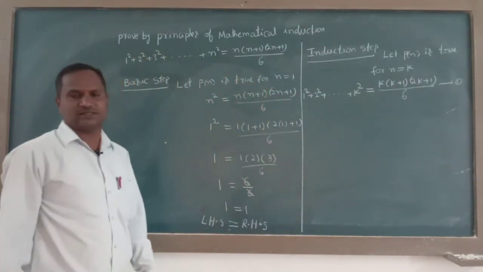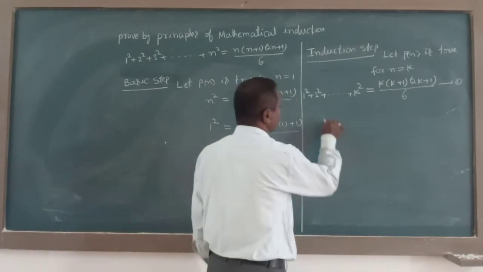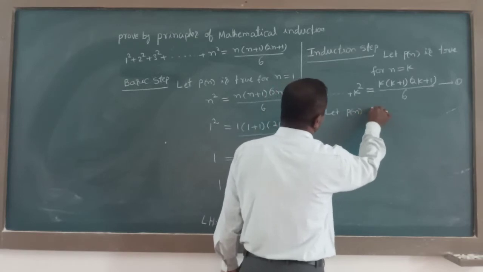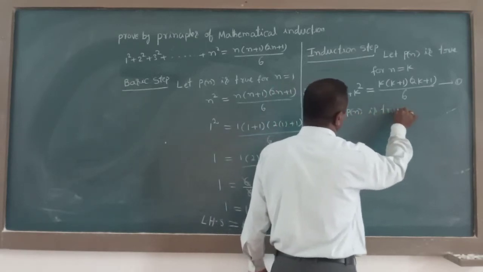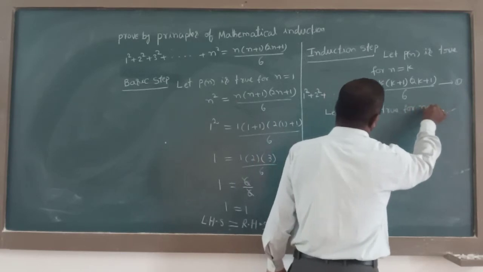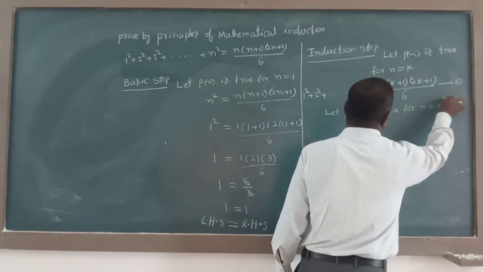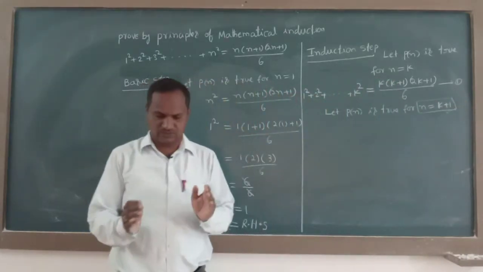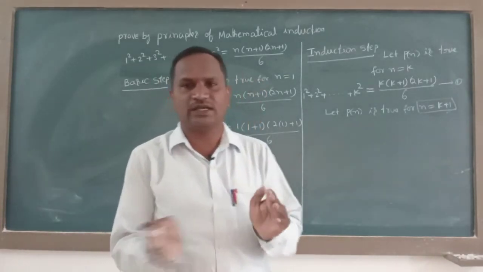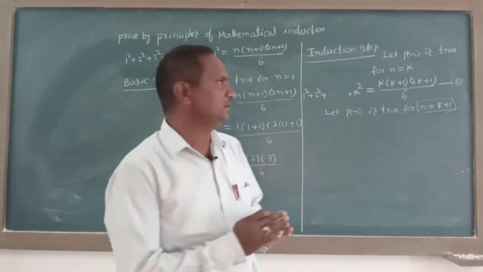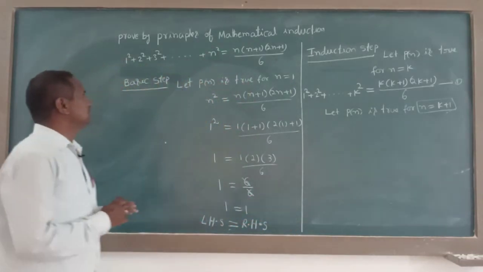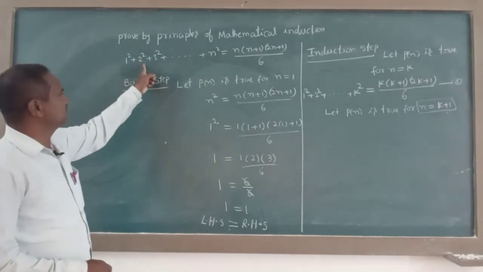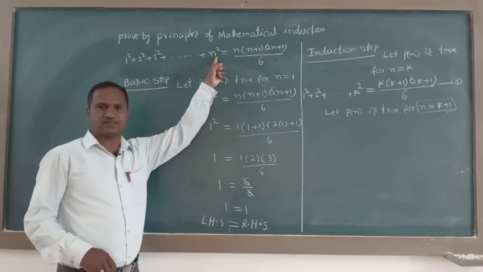Next, let P of n be true for n is equal to k plus 1. In the case of n is equal to k plus 1, we must calculate which term we are getting for k plus 1. See here, in the given mathematical statement, the n term is n square. That is, the first term, second term, third term, and so on, the last term is n square.